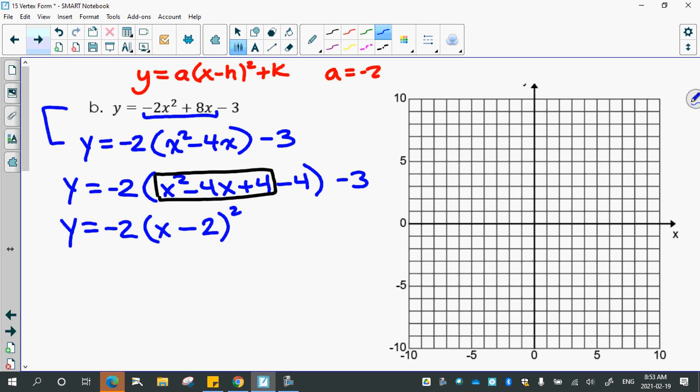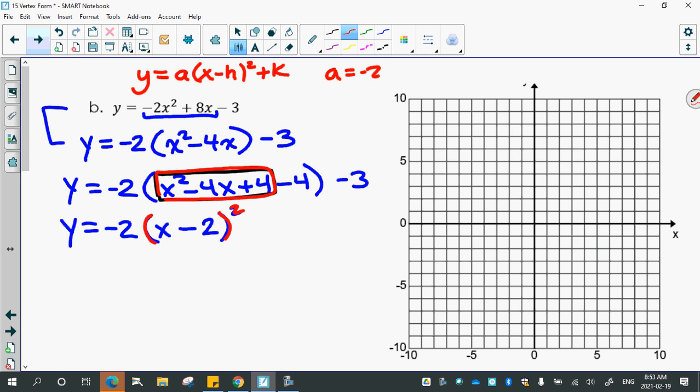X minus 2 squared. So the square root of x squared is x. The sign from the middle term is negative. The square root of 4 is 2. Okay? So I've still got the negative 2 multiplying all these 3 terms, because all I did was change these 3 terms into this bracket. Those are the same.